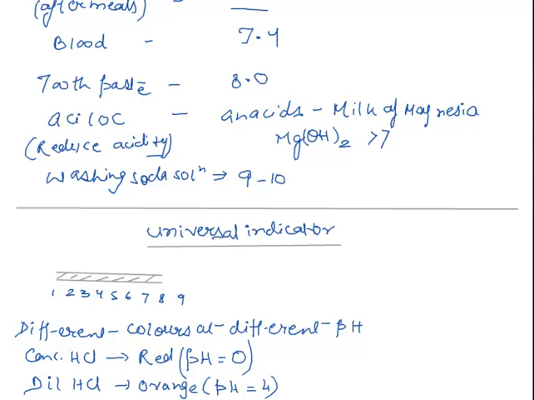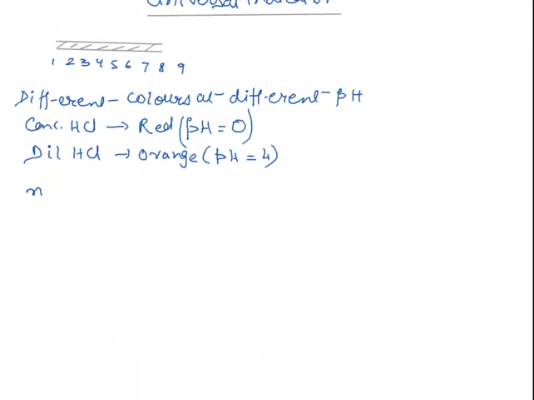It gives green color. Right? So in a neutral solution, your universal indicator paper is giving green color. That is pH equal to 7.